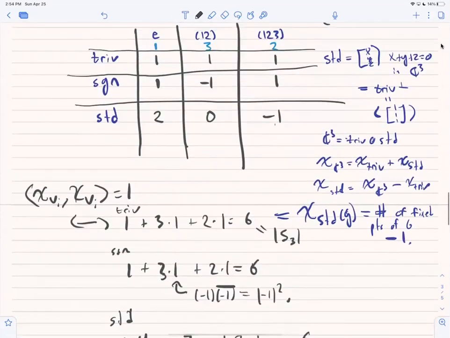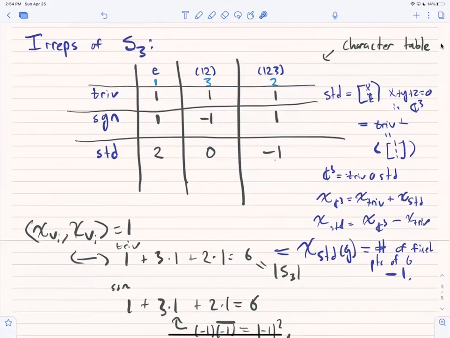So if I sum the absolute value squared in the column instead of the row, in this first column I'm getting the order of the group. I'll tell you in a minute why, besides what we've already talked about, but it turns out you always get the order of the group.